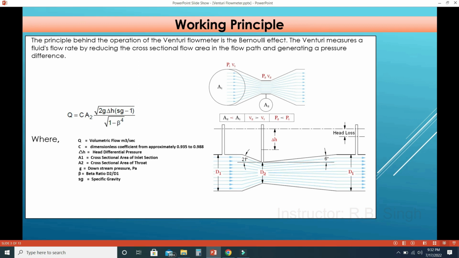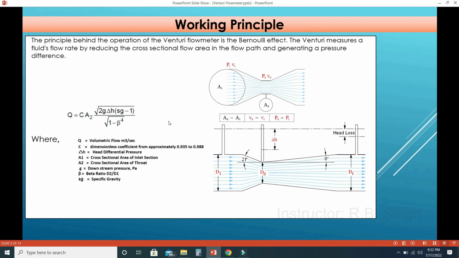Similarly, here also in Venturi meter, we reduce the downstream cross-sectional area which is called throat. With the help of this reduced area, there will be differential pressure generated that is measured by electronic transmitter and can be converted into flow.